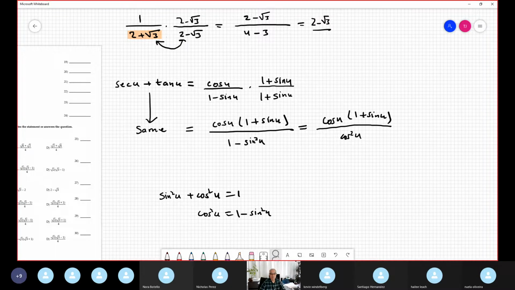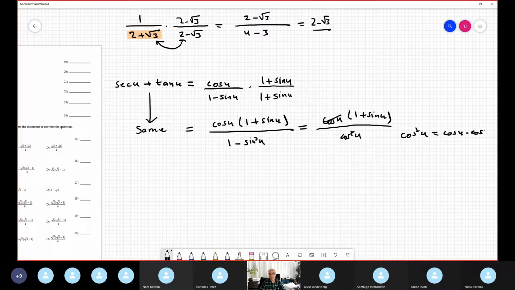Okay. Oh, I see, at least we can cancel out one of this and one of that. Yes or no? Yes. Because cosine squared, I know that it is cosine times cosine, no? So this cosine cancels with this and only one cosine stays alive. So we have 1 plus sine u divided by cosine.